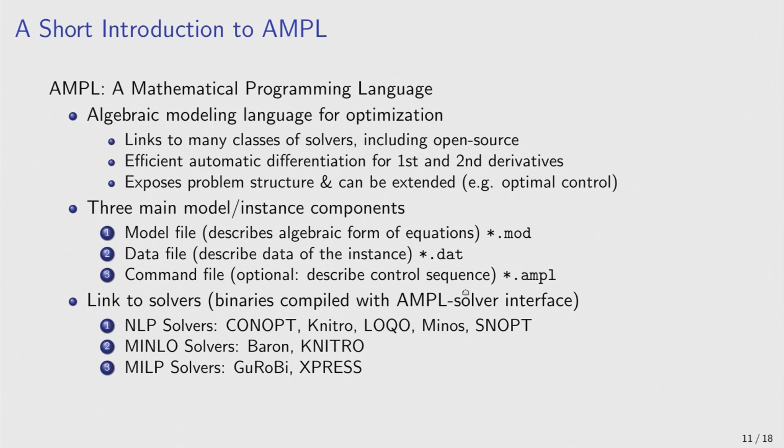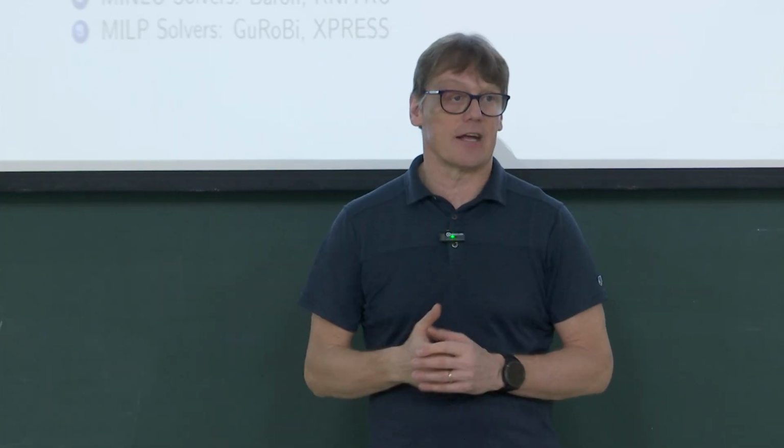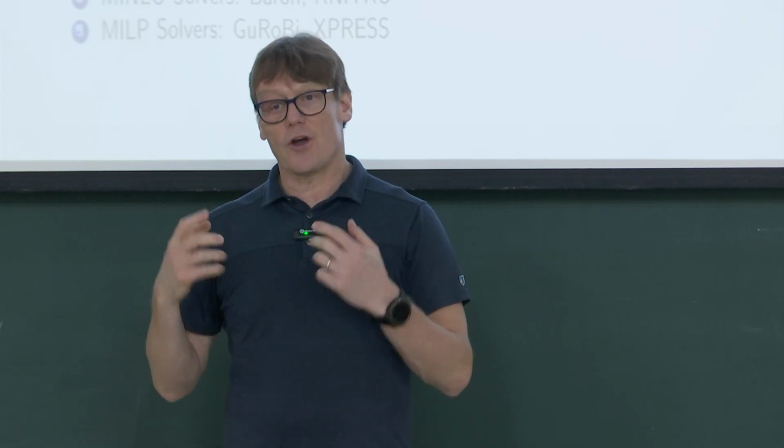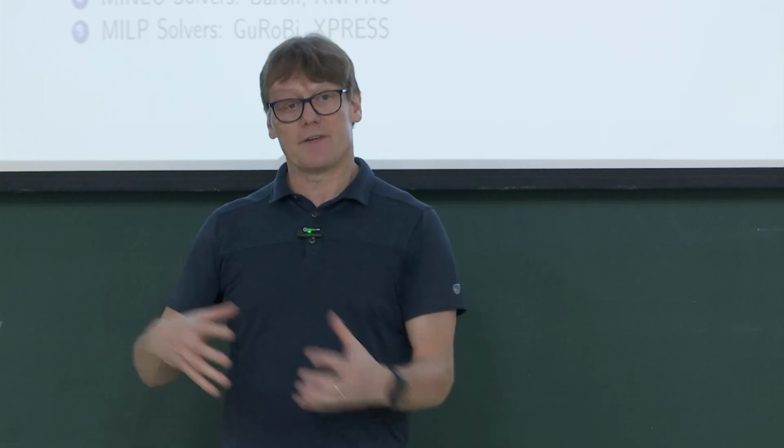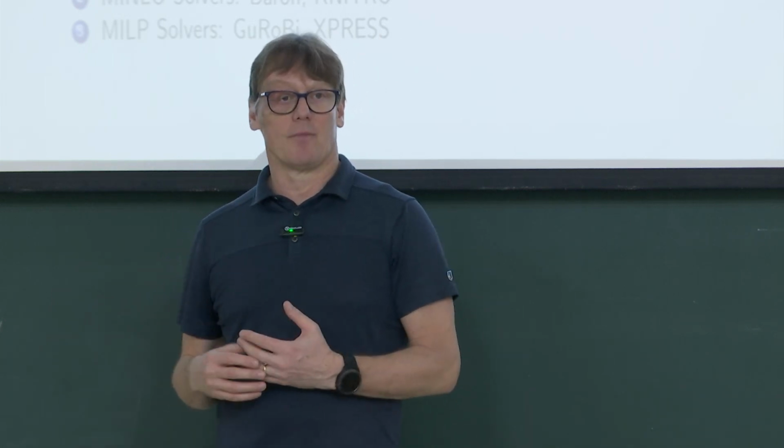It tells you about things like the integer variables, the class of constraints, bounds and linear constraints or network constraints. It provides you with the sparsity structure, and it is extensible. So even if you're working on a class of problems that are not currently covered in AMPL, there are ways of extending it and making AMPL work for you.